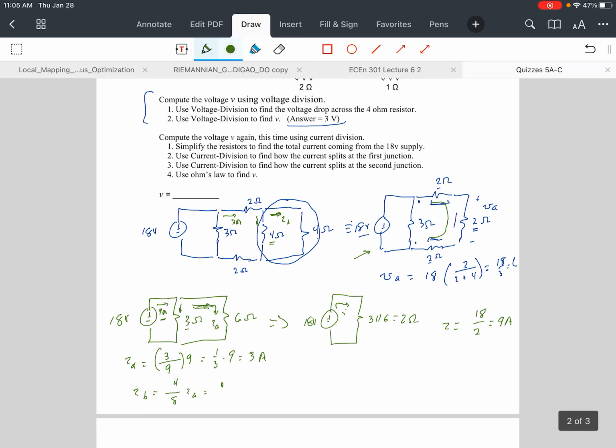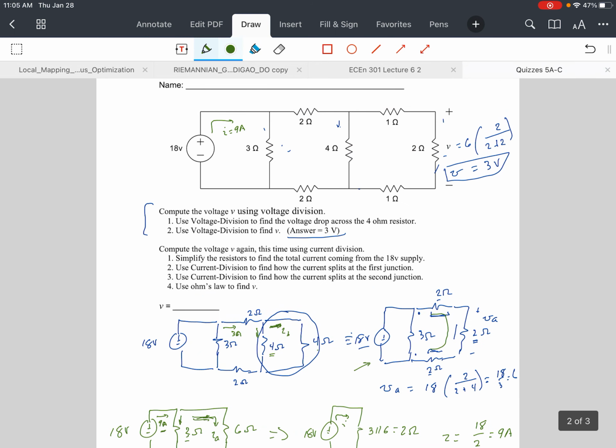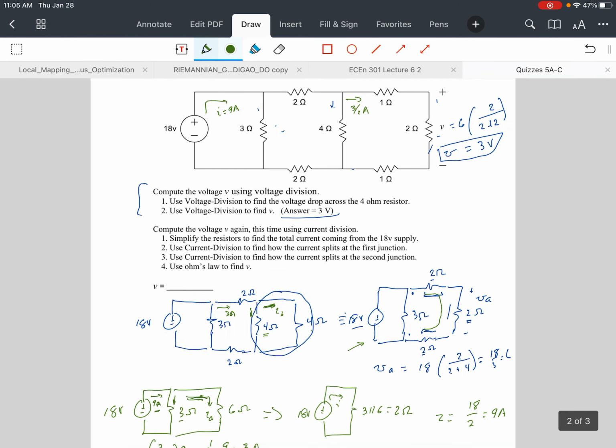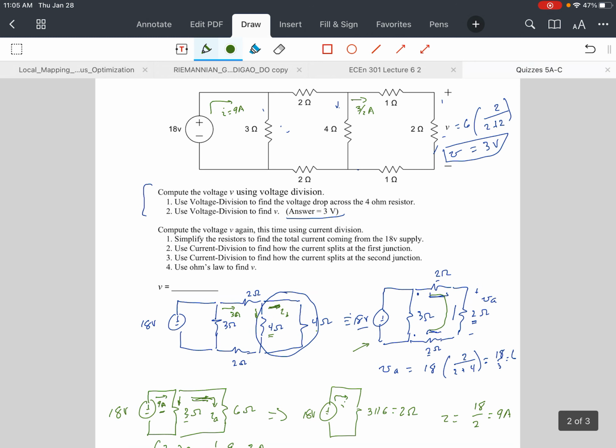So it's 1/2, and IA is 3 amps, so it's 3/2 amps. So the current here is going to be 3/2 amps. Is that right? Yeah.